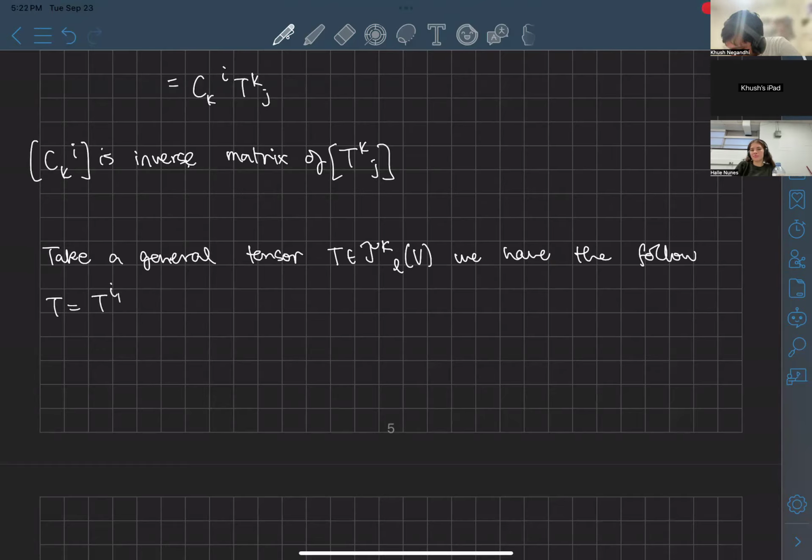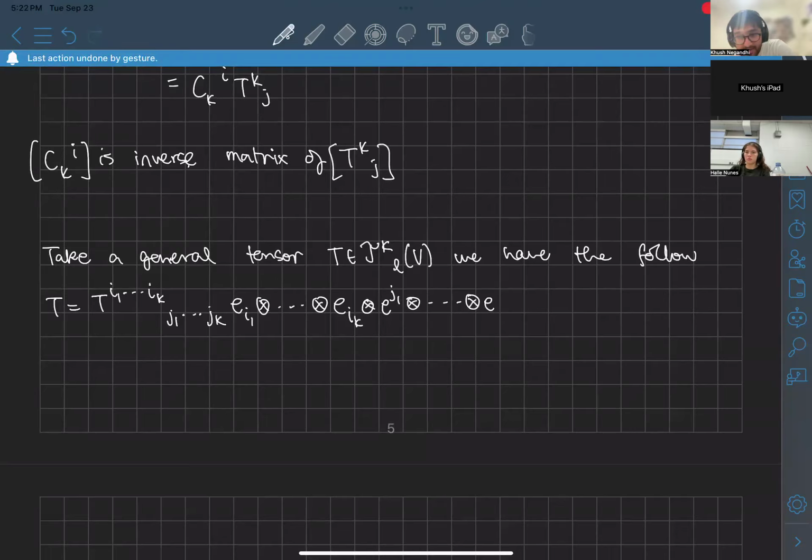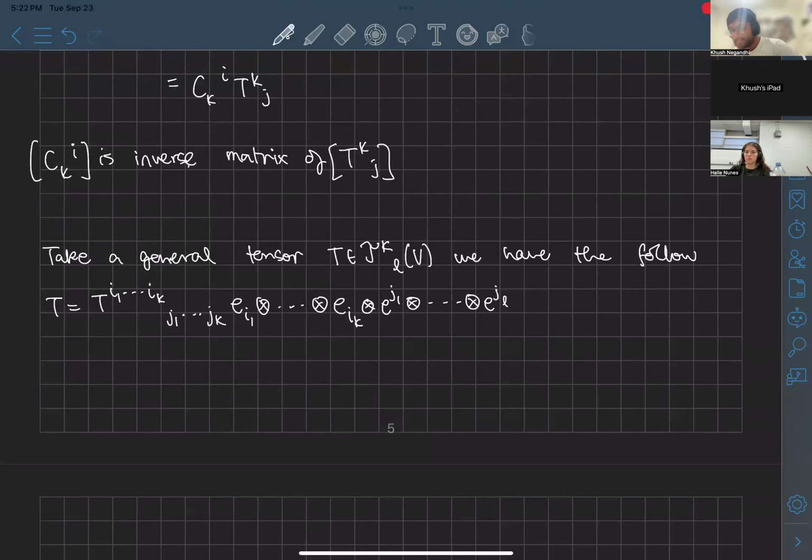So we have T^{i1...ik}_{j1...jl} of e_{i1} tensor all the way up to e_{ik} tensor e^{j1} tensor up to e^{jl}.